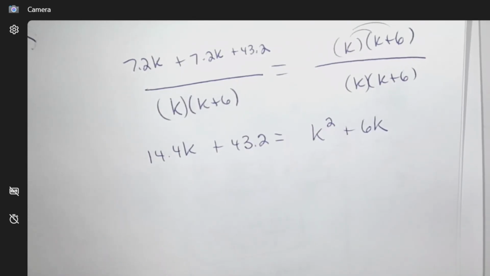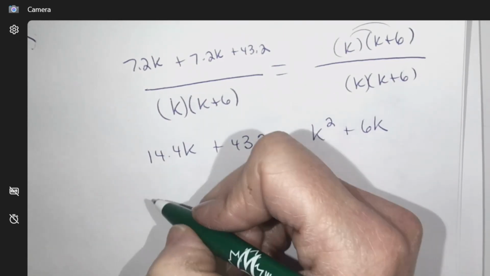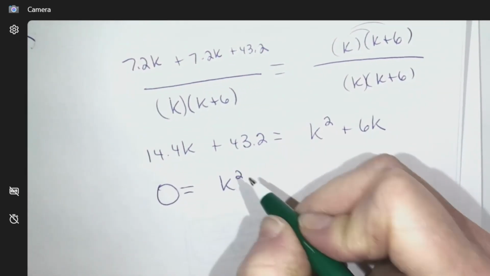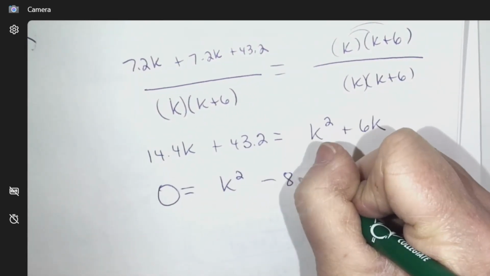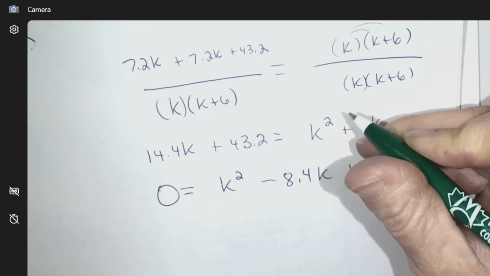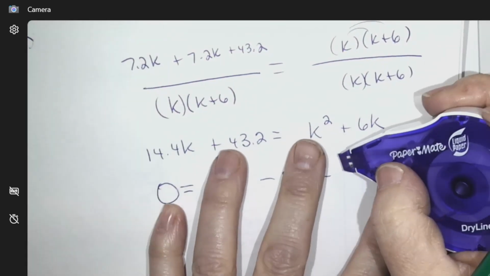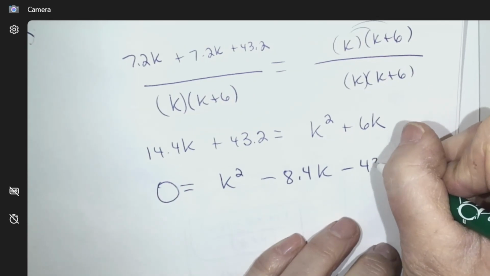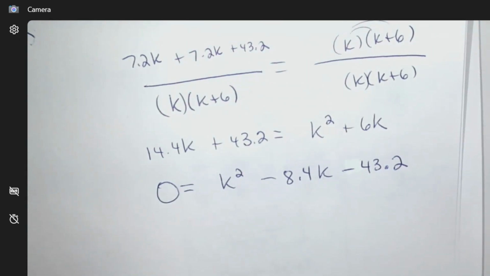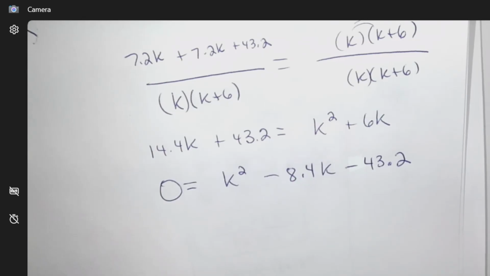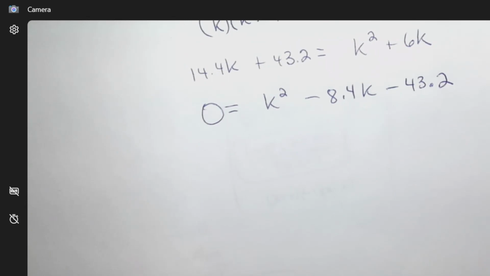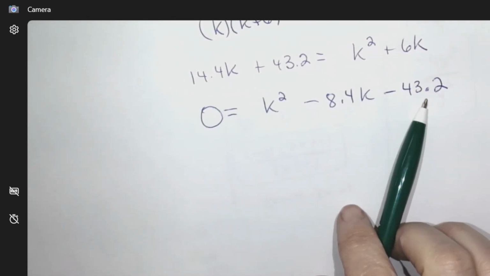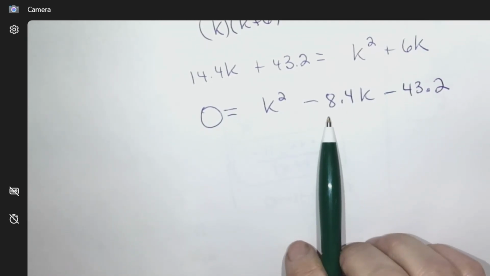You got to do a trinomial equals 0. Okay, so this is a simple trinomial, but to be honest, I don't know what multiplies to that and adds to that. I can't see it.